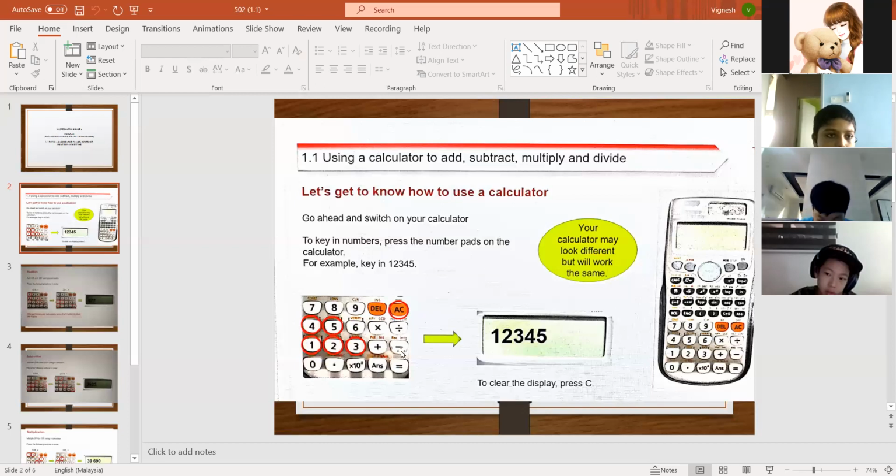Equal is here, multiply is here, plus is here, divide is here, and minus is here. I think I no need to show the calculator to you. Since everybody has the calculator, you should know where the buttons are. Understand? AC is the clear button.